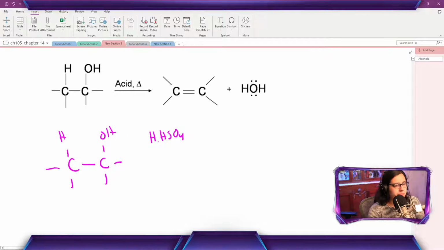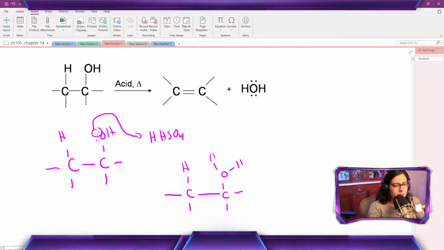We have this OH group here. And so the first step, in the presence of the acid, is that this OH from our alcohol will get protonated. So now I'm just drawing my protonated species here. And now this water can act as a leaving group.